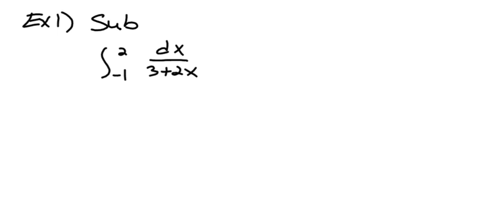So for example 1 here, we just want to review substitution. This is what we've done before. It's going to, in a sense, review it, and I'm going to have u be 3 plus 2x. Remember, we're going to take the derivative of this and we get 2. Then I'm going to multiply both sides by dx.